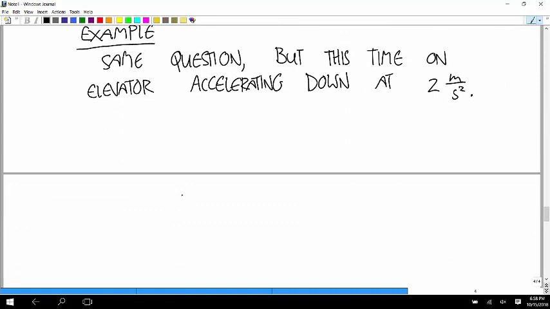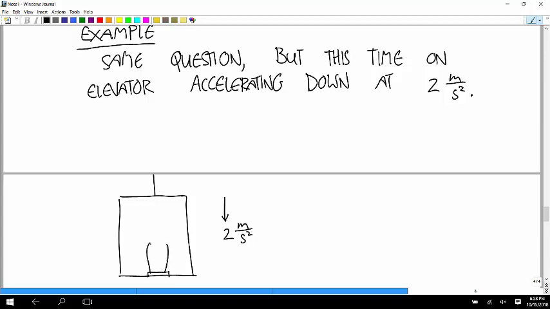Okay, so here's the elevator. It's accelerating down at 2 meters per second squared. And on the elevator is a scale. And here's the man. You probably shouldn't ride an elevator in your underwear like this, but.